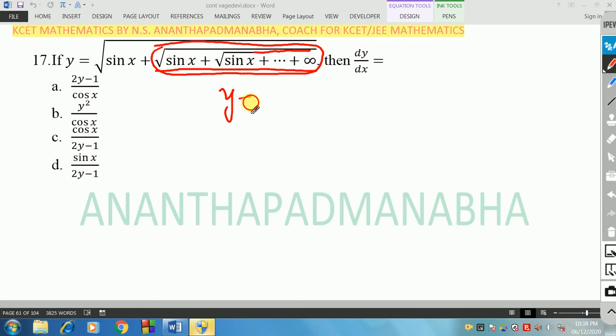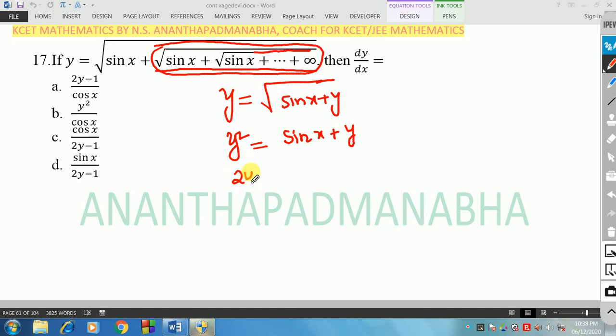Therefore y is equal to square root of sin x plus y. So we have solved a similar problem. Let us square this. Therefore y square is equal to sin x plus y. Now let us differentiate this. Derivative of y square is 2y into dy by dx, which is equal to derivative of sin x, that is cos x, plus derivative of y, that is dy by dx.